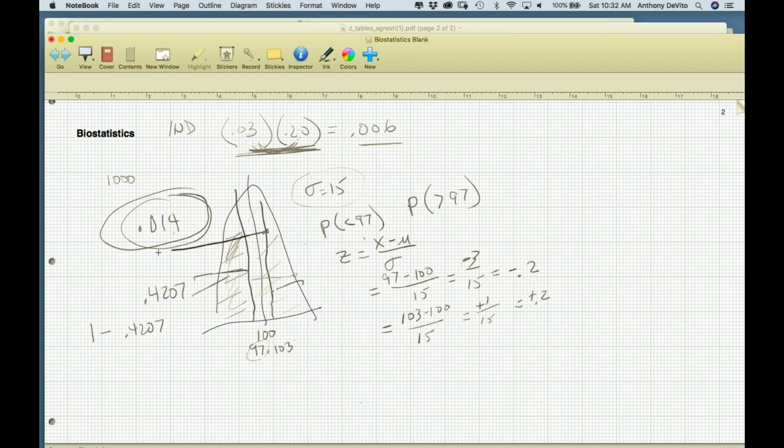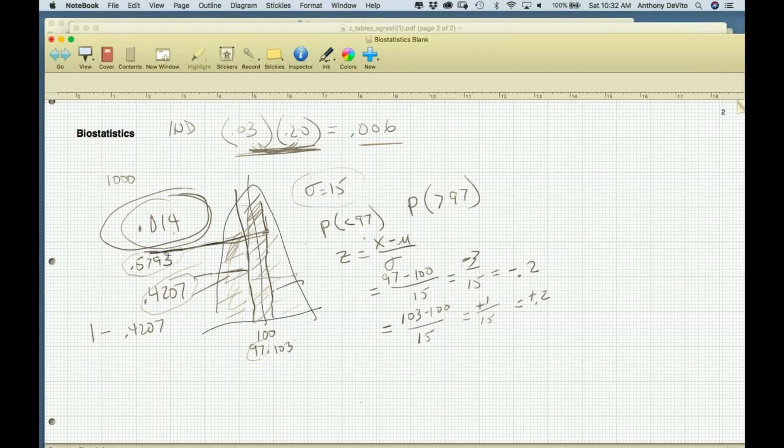So this is going to be this area from here down, right? It's always to the left. From here down, 0.5793. So if I'm interested in this area in between, I know that from here down is 57.93%, and from here down is 42%. So the area I'm interested in is between them.